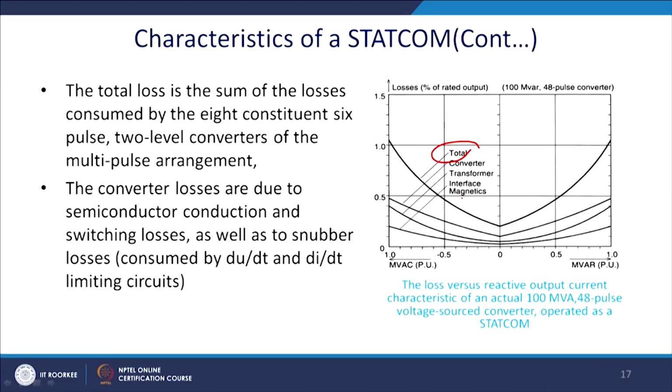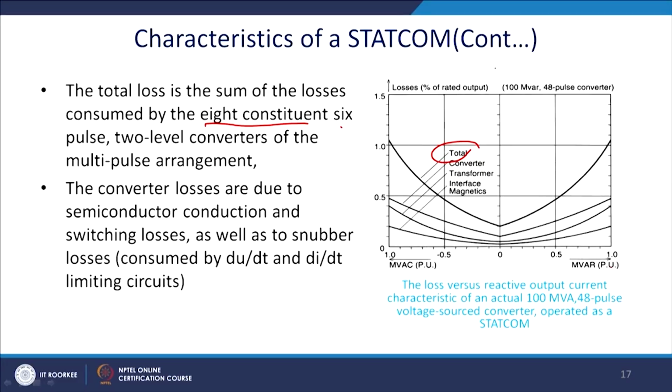So, total loss essentially is the sum of 8 constituent 6 pulse 2 level converters of the multi arrangement. So, see that this is the power rating. So, how are these losses actually changing?